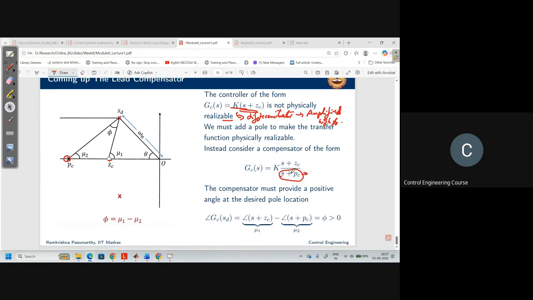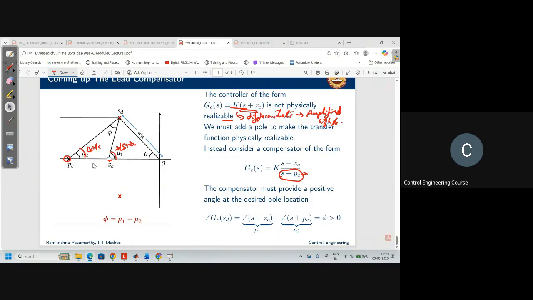Now, since we are adding an additional pole, the angle provided by the compensator is the angle of S plus ZC minus the angle of S plus PC. This is the angle provided by S plus ZC, and this is the angle of S plus PC.